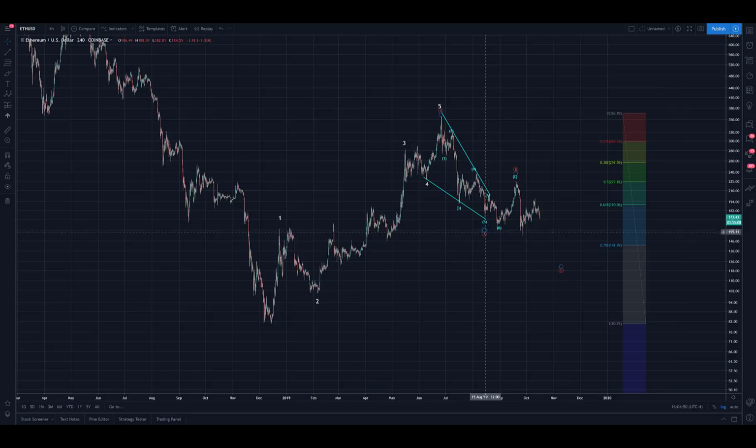So we have the A wave, red A complete, red B complete, and I believe now the red C is well in progress, so that we will start seeing some scary, dramatic, vertical declining. I don't believe the 0.78 will be the stopping point, which is at 141. If you do the square root of 0.786, you get 0.88, which is somewhere around here.